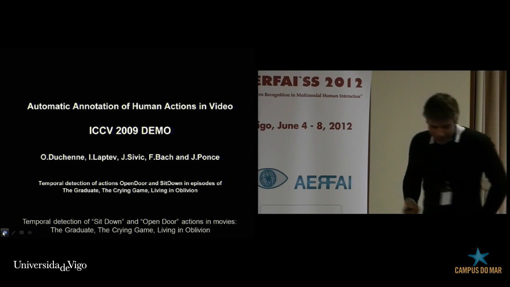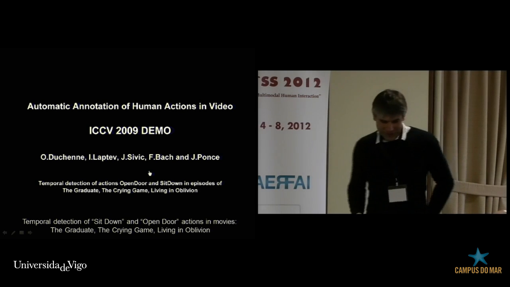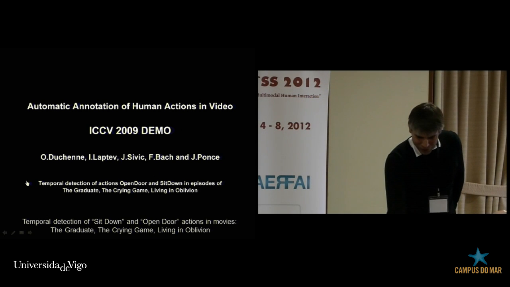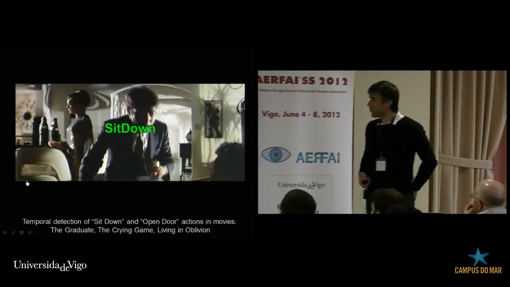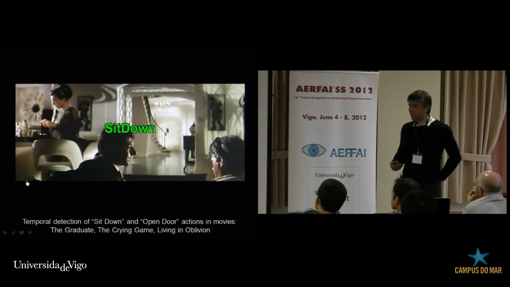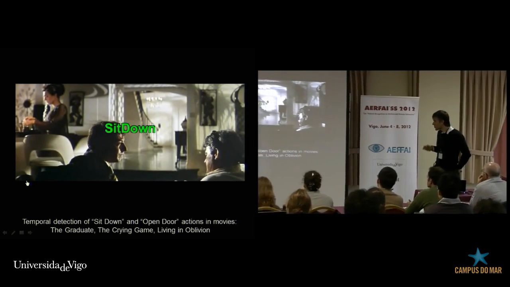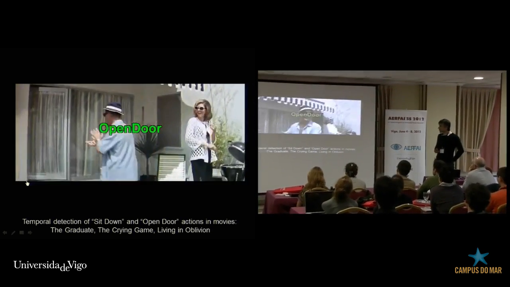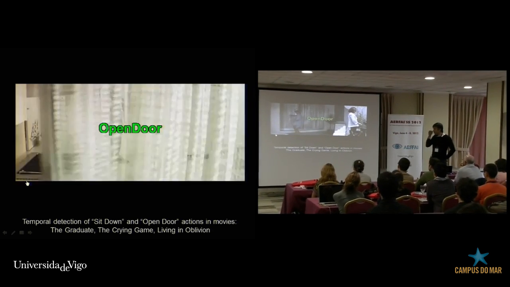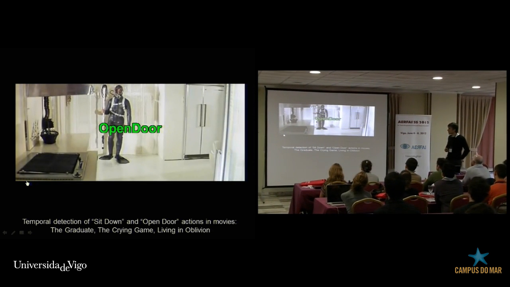Nevertheless, as usual, after some work, you can make a demo which works nicely. So here is a detection demo, where we make the computer look through three movies. It's a sort of intelligent fast forward, stopping whenever the open door or sit down action happens.